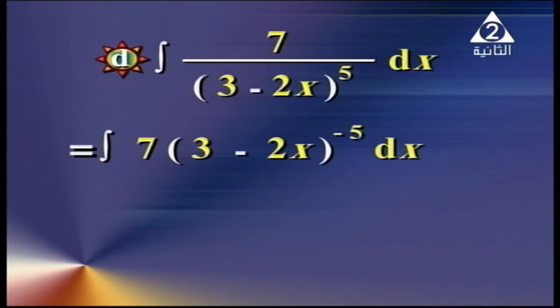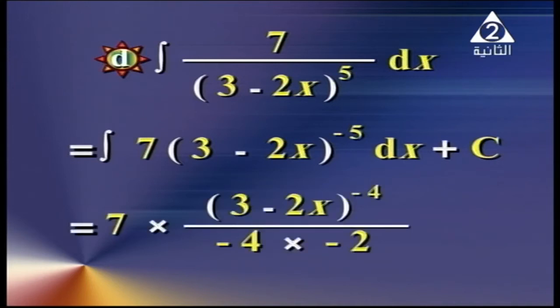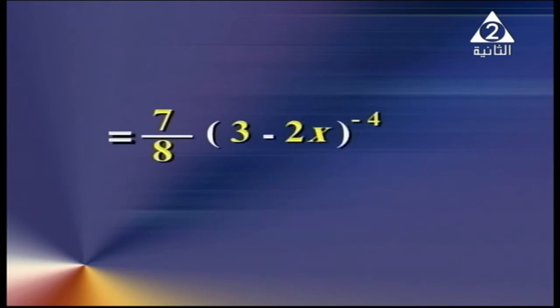Don't forget, multiply in denominator, coefficient of x is negative 2. Then answer is 7, the constant, multiply 3 minus 2x for all power negative 4 over negative 4 times negative 2 plus c. Then answer is 7 over 8 multiply bracket contains 3 minus 2x for all power negative 4 plus constant integration.